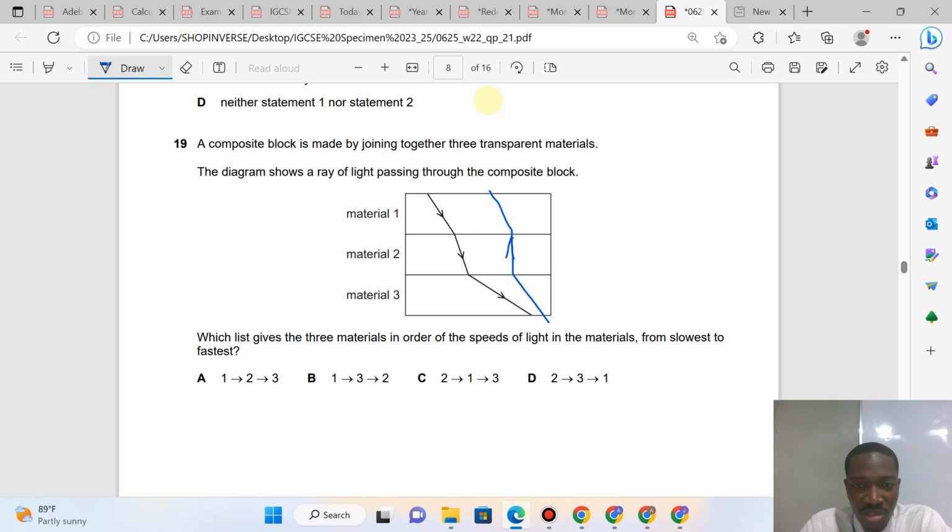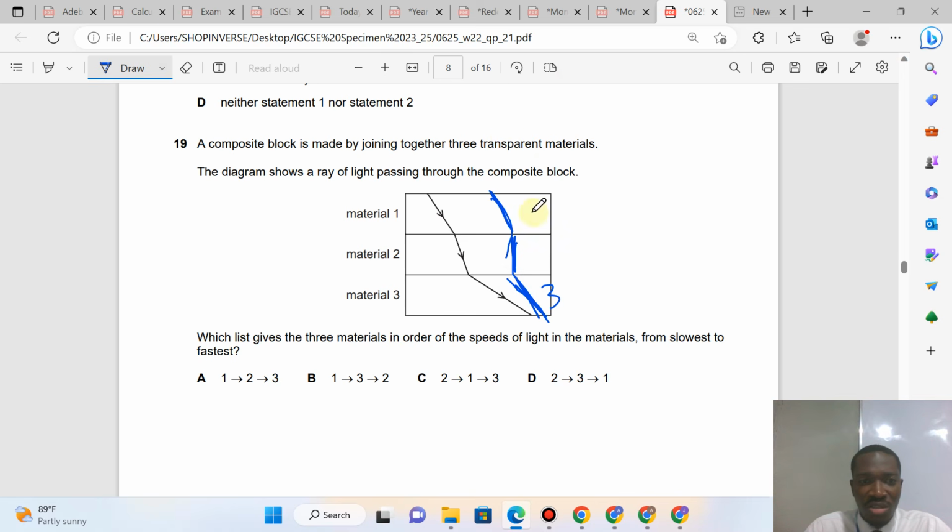So since it's been going closer to the normal, that means the order is from slowest to the fastest. Okay, that means the fastest is number three. The waves are very fast in number three. That's why it is refracted further away from the normal. And this one is closest to the normal, while this one is a bit away from the normal, but not as much as number three.